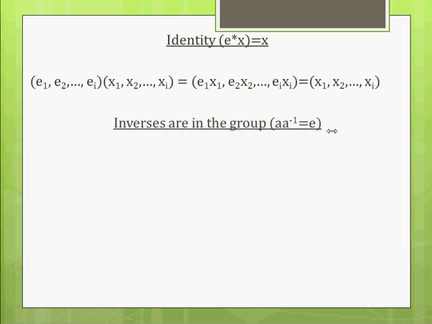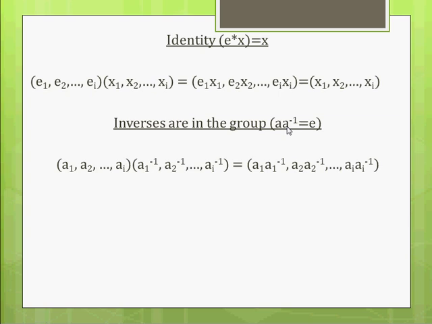And to show that each element has an inverse, we've got to multiply an element times its inverse. And I'm claiming that basically that inverse is each inverse of each group. In other words, you take an element A1 in group 1, and the inverse of that element in group 1 is the first component, and so forth.